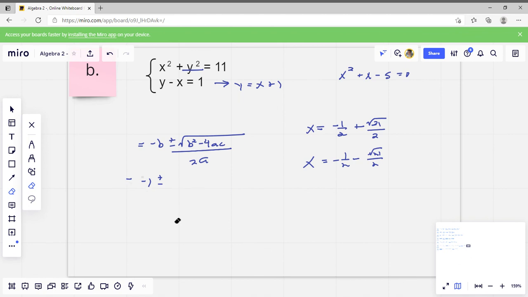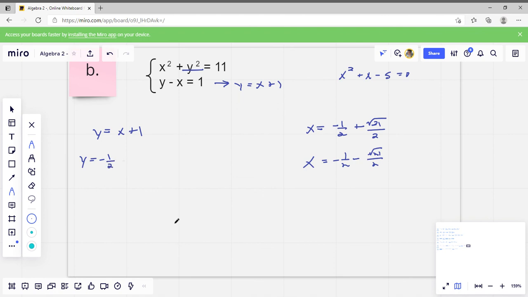So we're just going to plug those into our equation, which is y equals x plus 1. Okay, our x value right here is negative 1/2 plus the square root of 21 over 2, plus 1. So we just took our x and we subbed in that value.